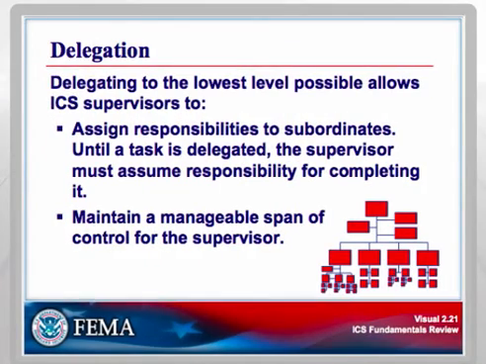Next, we'll look at delegation of authority and why it's important to the ICS structure. First, delegation of authority helps maintain a manageable span of control for the supervisor. Second, delegating may also motivate personnel by giving them a sense of responsibility for and ownership of activities for which they have been given authority.